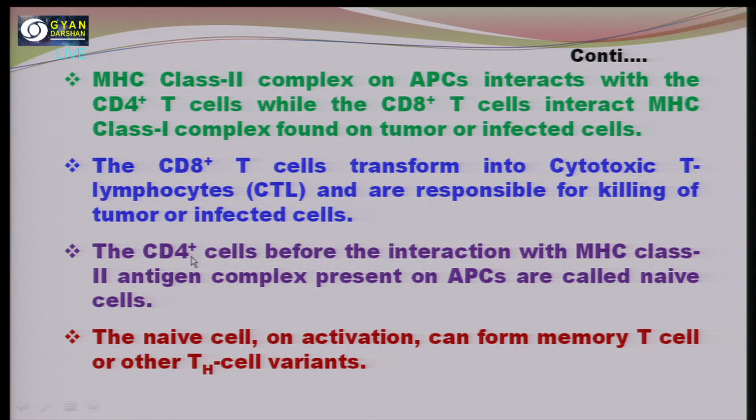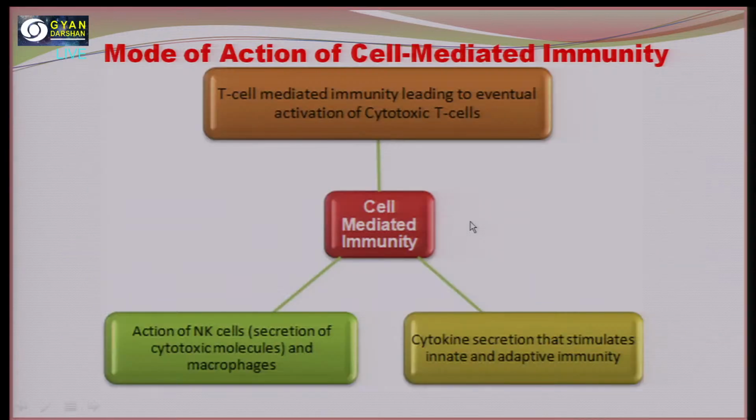CD4 positive cells before interaction with the MHC class II antigen complex present on the APC are called naive cells. They take a role in the activation of the immune response. On activation, the naive cell can form memory T cells and other T cell variants, and ultimately they will kill the pathogens.